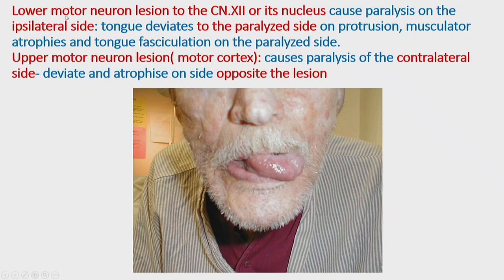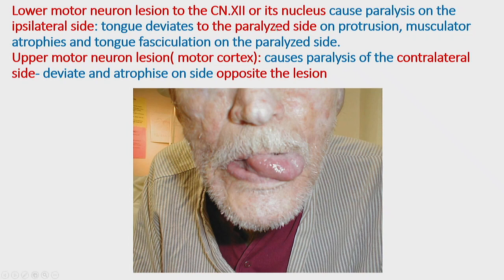So if the lower motor neuron of cranial nerve number 12 is affected, then the same side, the ipsilateral side, is paralyzed by the hypoglossal nerve. And in this case, the protrusion of the tongue goes to the paralyzed side.